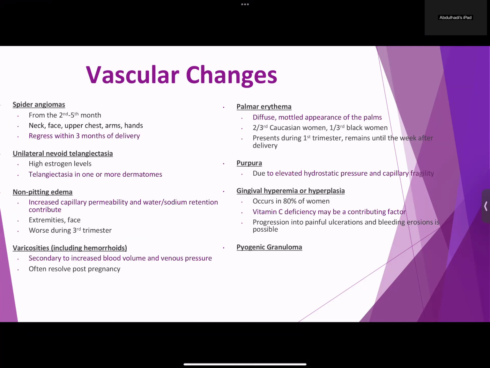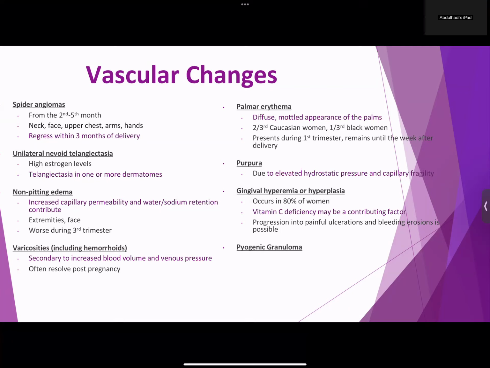Vascular changes: angiomas are common, telangiectasia, non-pitting edema, of course varicosities with hemorrhoids because of the increased intra-abdominal pressure, and palmar erythema, where one of the differential diagnoses, other than liver diseases, is pregnancy as well. Also gingival hyperplasia can come up in dermatology.